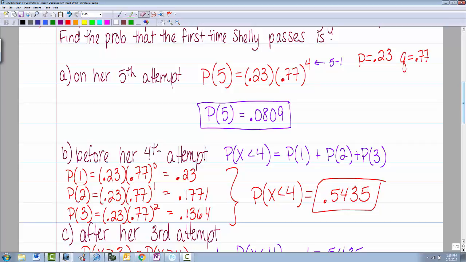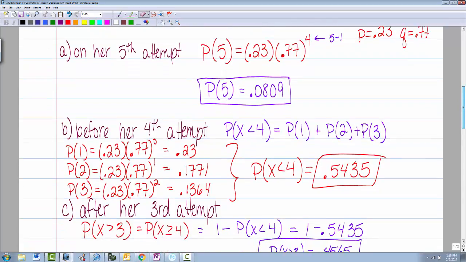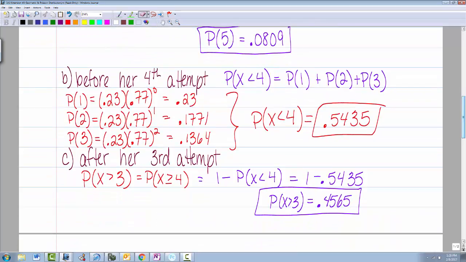Subtract. What? The complement. What's the complement of this? You're not going to do 0 attempts. 0 would never be plugged into this formula. It'd be 1 minus the complement of that statement. Right? So what we're saying is this.